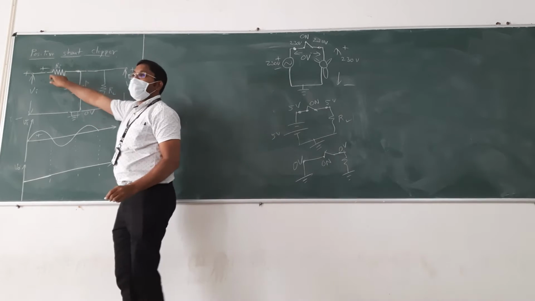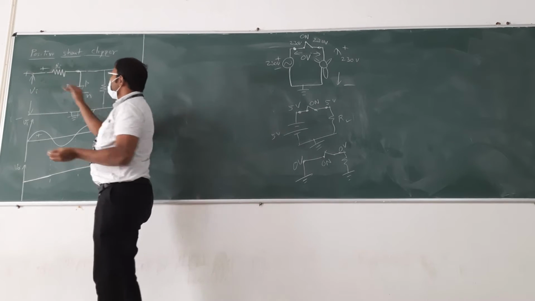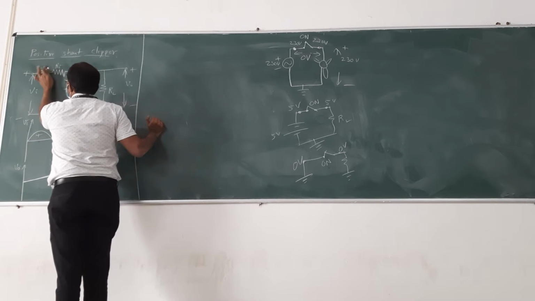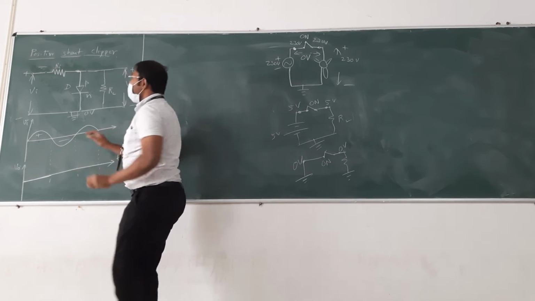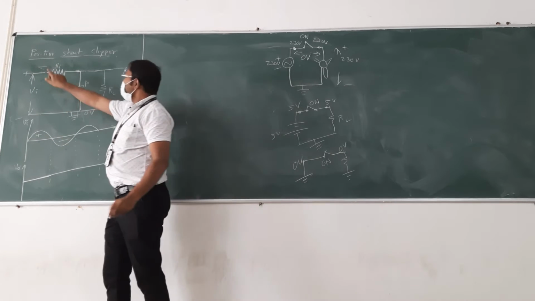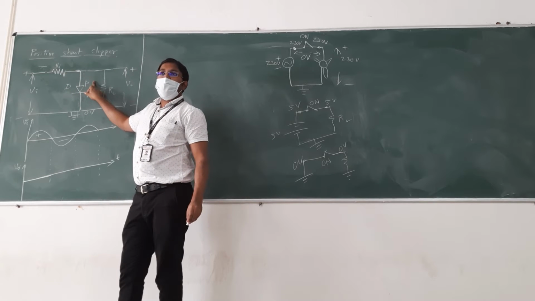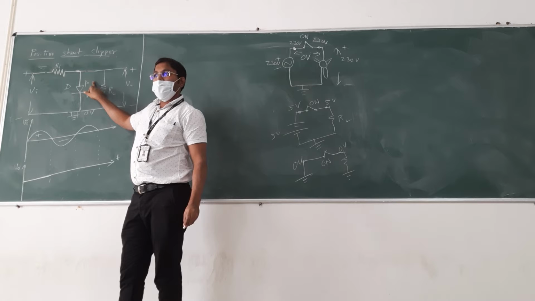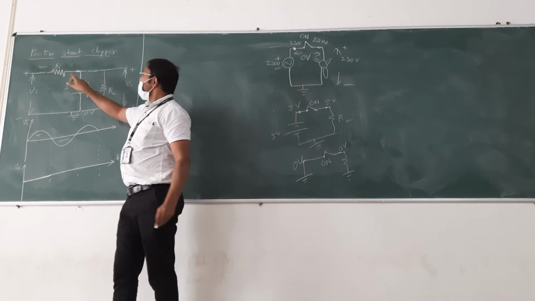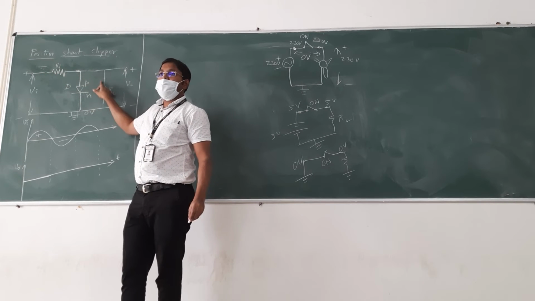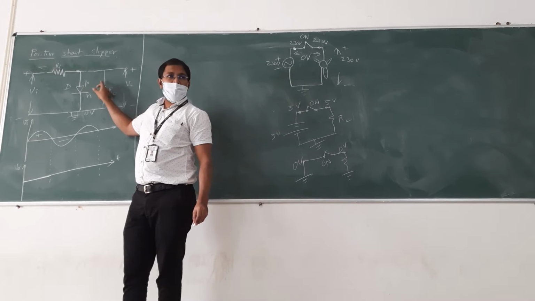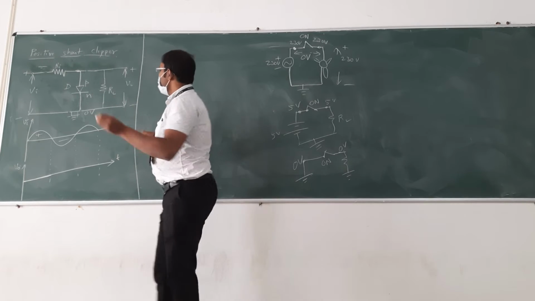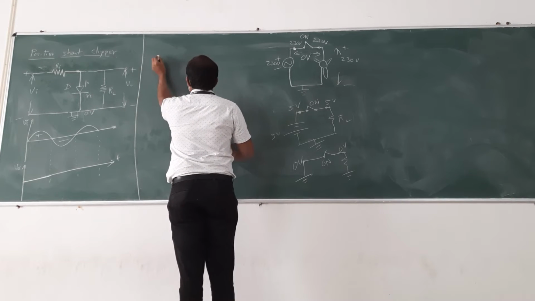What about the negative half cycle? Next, we are considering the negative half cycle. Negative at the P side, so the diode will be reverse biased. Let me draw a separate circuit for it.